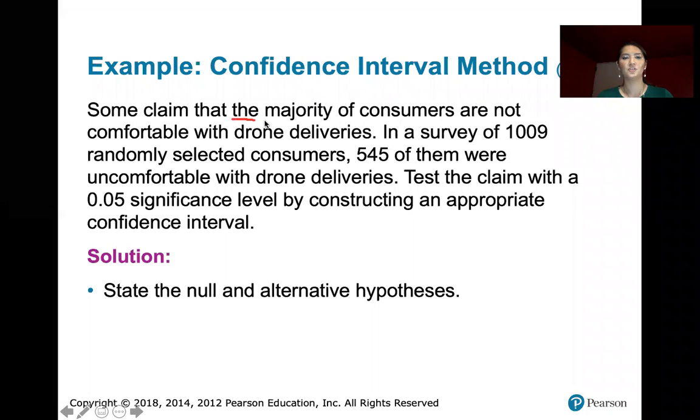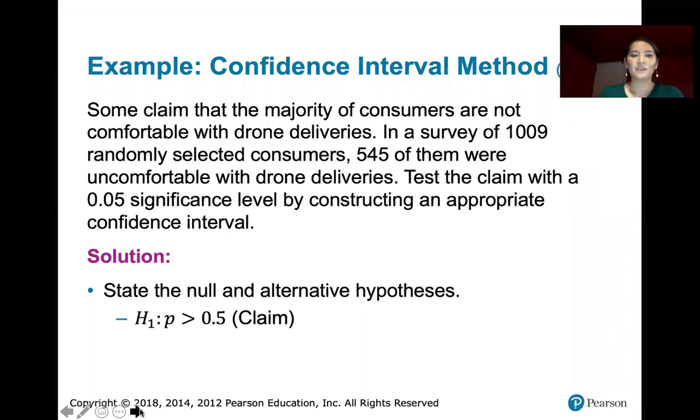It says that the majority of consumers are not comfortable with drone deliveries. So the majority, that means that the proportion is more than 50%. So the claim is that p is greater than 0.5. Now, since that has a greater than sign, which does not contain the condition of equality, that's our alternative hypothesis.